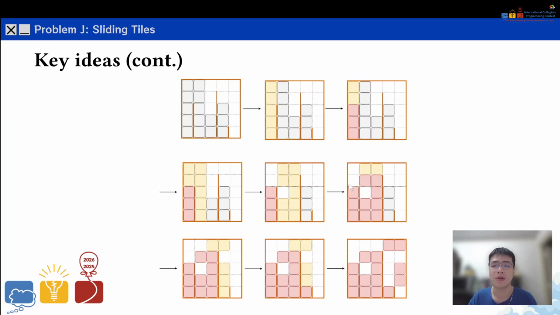For example, this row's counter is 2, so we add 1 to both column 2 and column 3. We keep on doing this, and then we can simulate the right movement of the blocks.